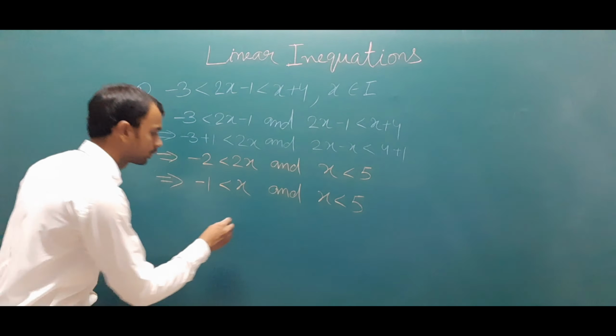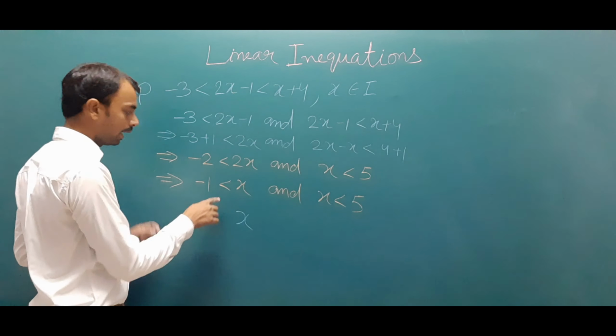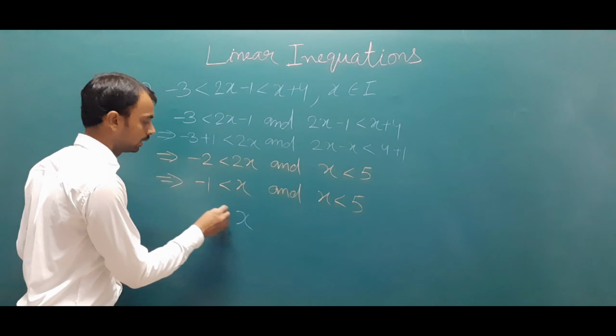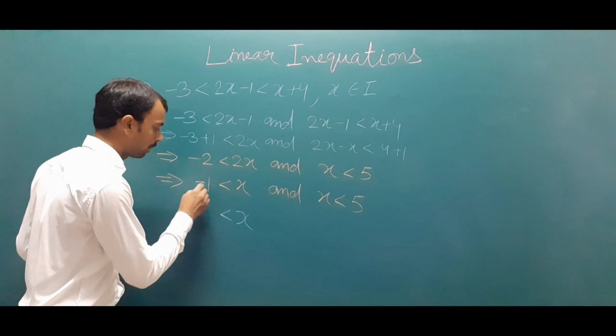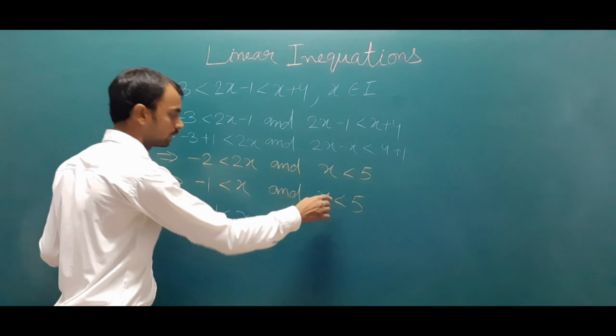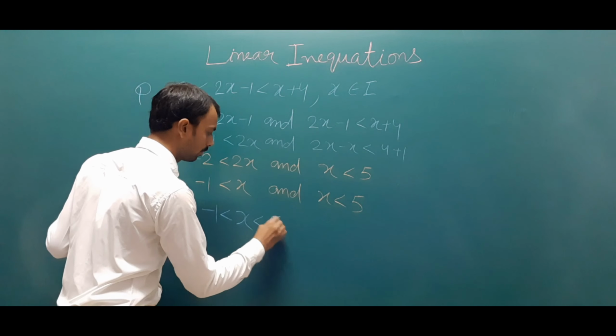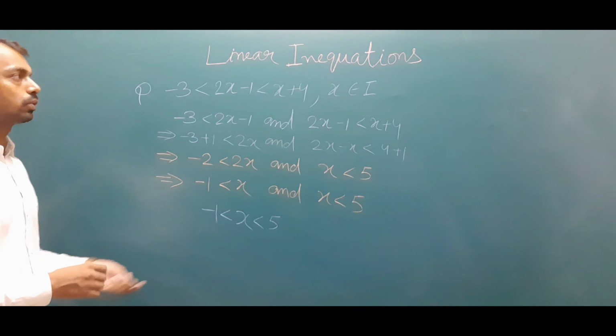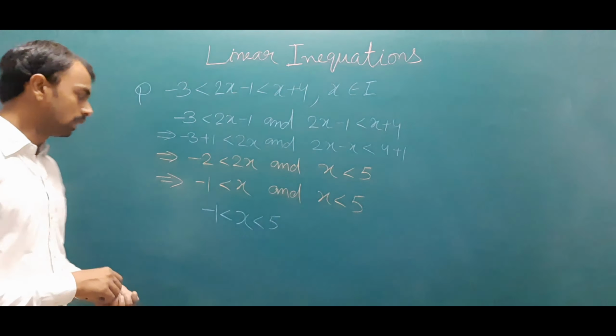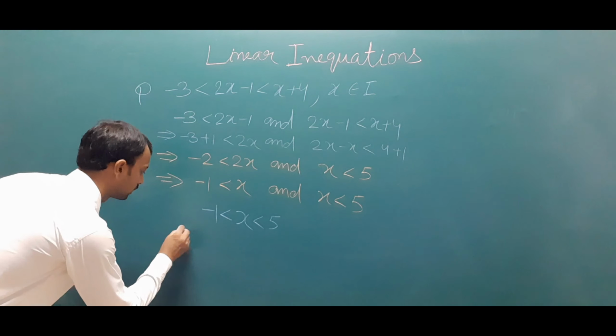So what will be our solution? Write x in between, where x is greater than minus 1 and x is less than 5, and the value belongs to integers. That means our solution set will be what?